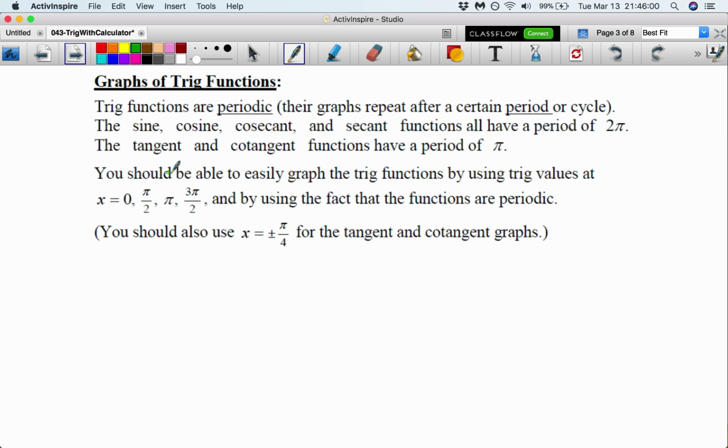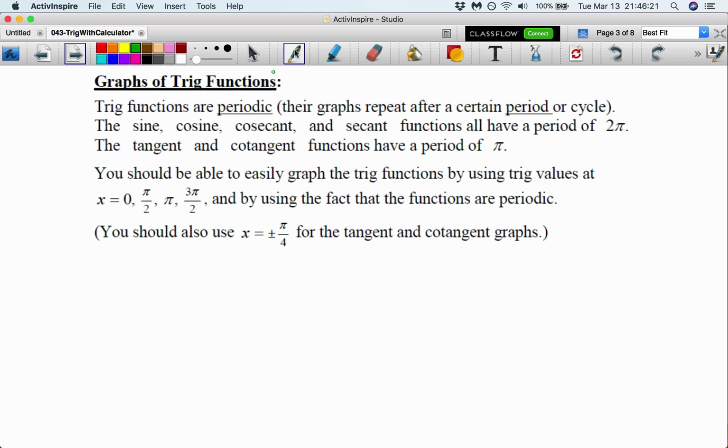All right, graphs of trig functions. So trig functions are periodic. What does that mean? Their graphs repeat. After a certain period, or just a cycle, in other words, after a certain length of time, it just starts over again, like the Earth revolving around the sun.